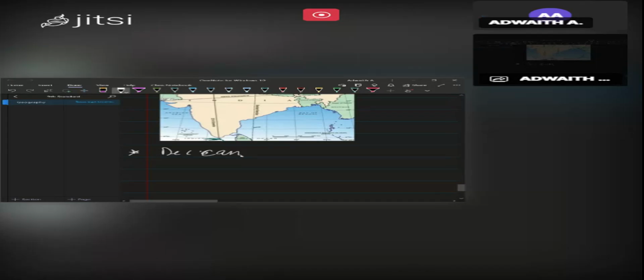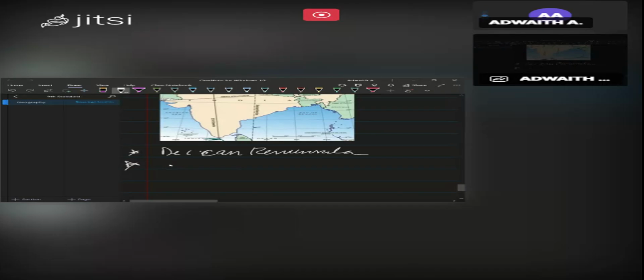Deccan Peninsula, main point. Then the Trans-Indian Ocean route, which connects the countries of Europe in the west and the countries of East Asia, provides a strategic central location to India.